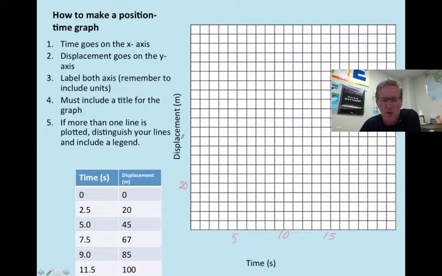So 20, 40, actually that's going to be 4. Screwed that up, didn't I? So 20, 40, 60, 80.